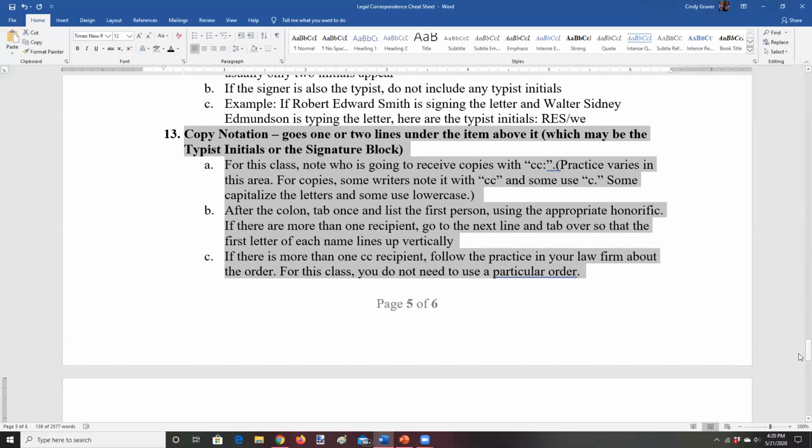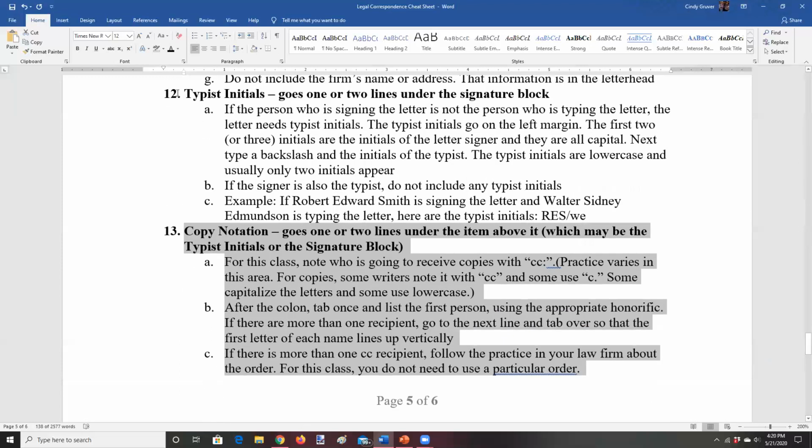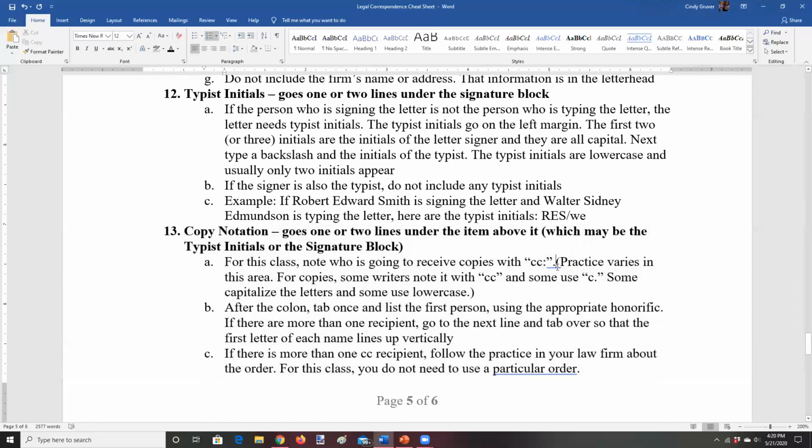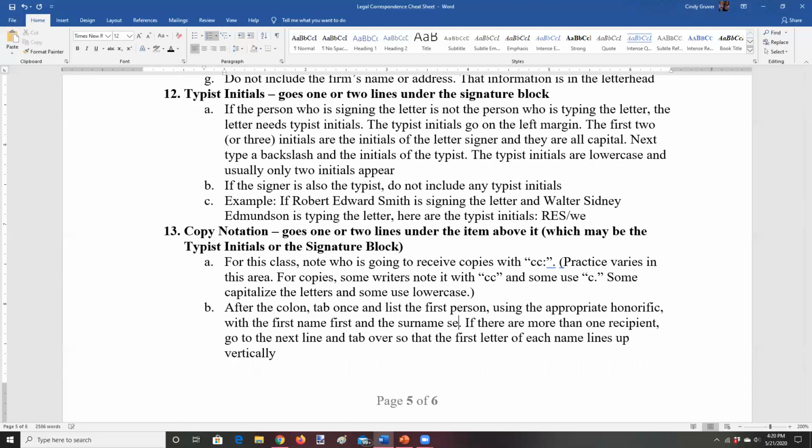Just like with the typist initials, all of this stuff in typist initials or copy notation sits on the left margin. They're not indented at all. After the colon, we're going to tab once, and we're going to list the name of the first person, with the first name first and the surname second.